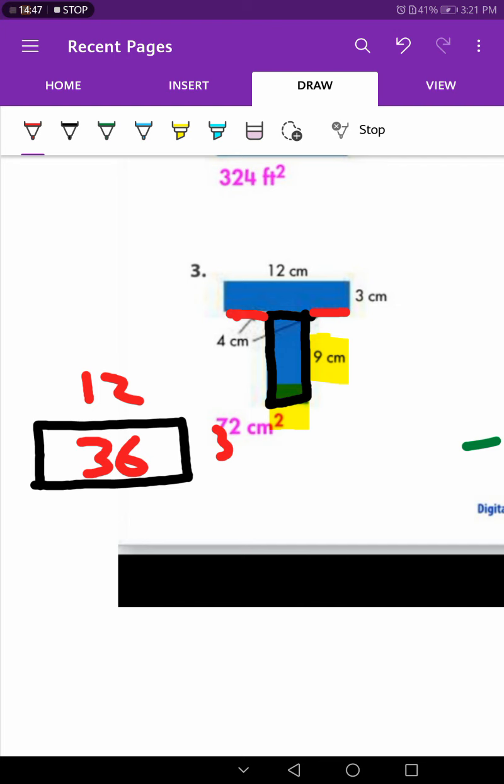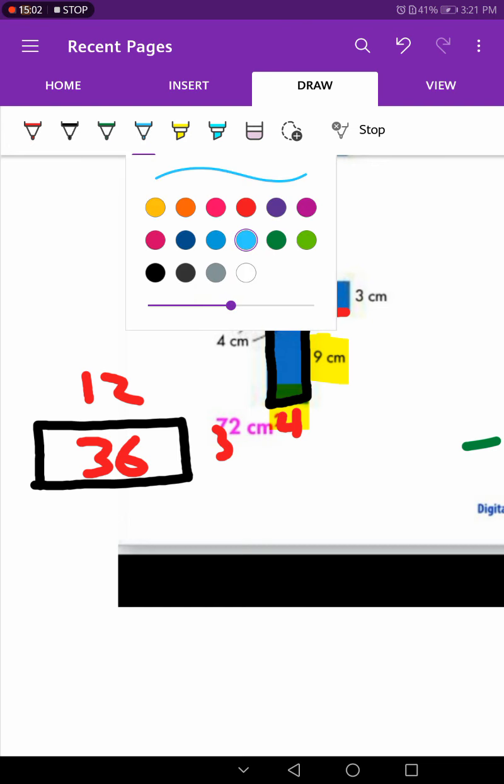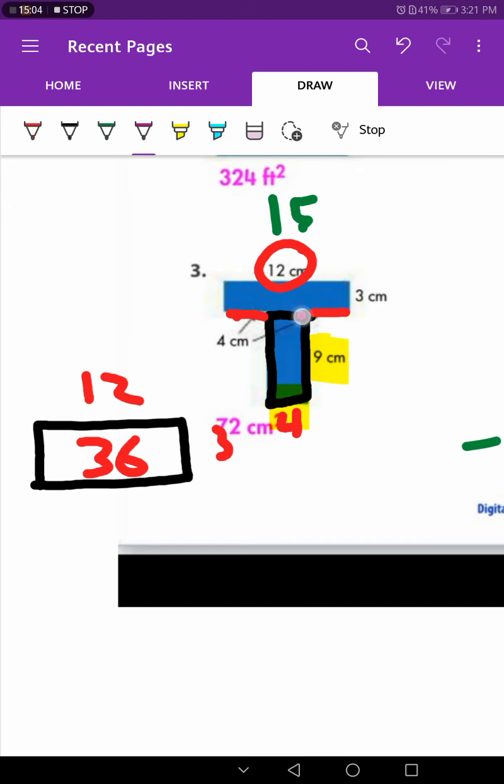This is 4 and this is 4, and this whole is 12. If this is 15, what will be the middle one here? 4 plus 4, 8, and to 15, you need 7. So it will be 7.